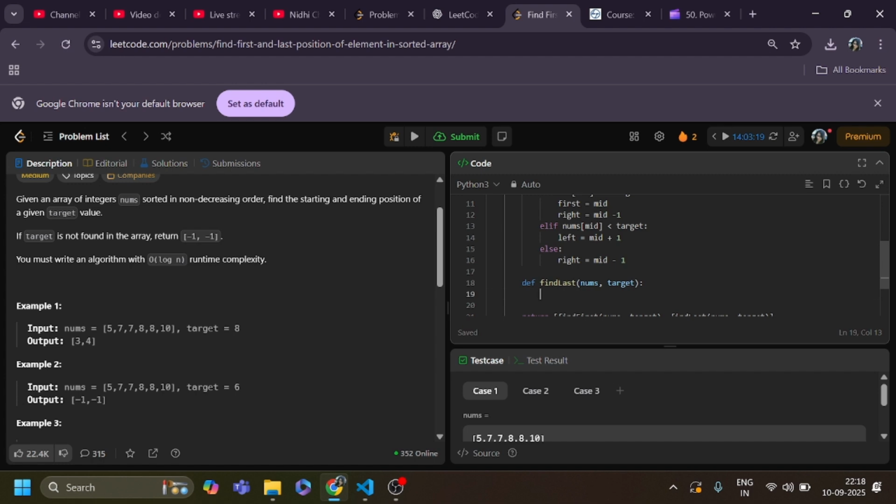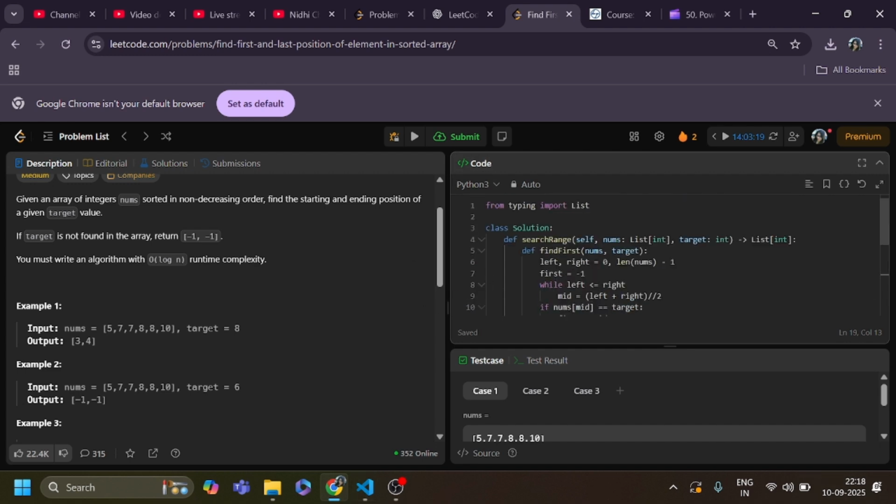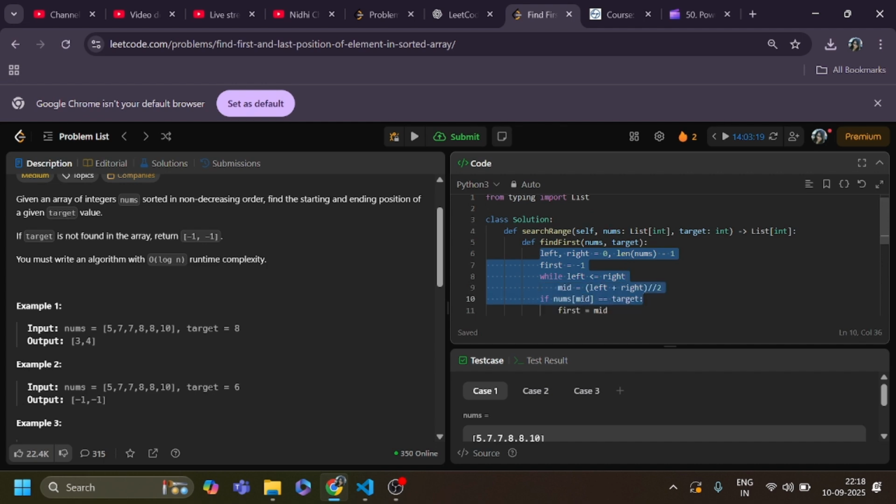Here numbers and target are the input parameters. I need to define the same left and right first, while left is less than or equal to right, and mid equals left plus right divided by 2. If numbers of mid equals target.